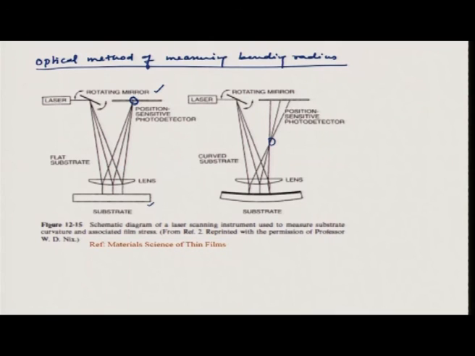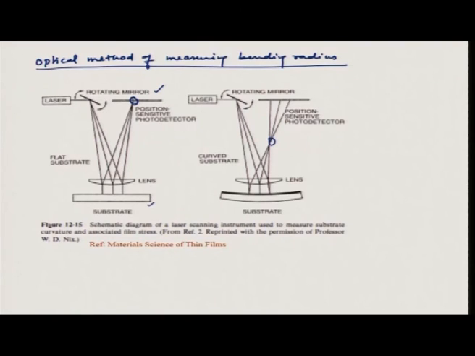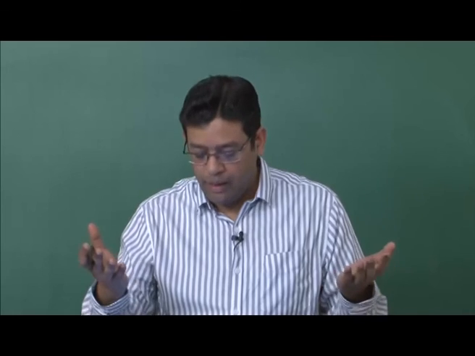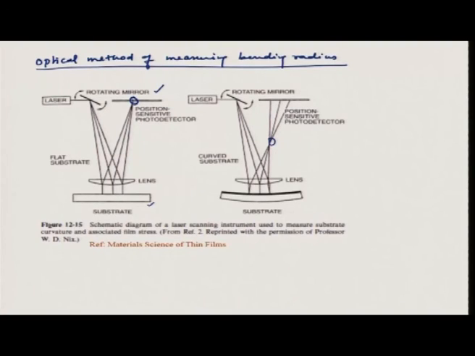Now, you take the substrate and deposit your thin film by PVD, CVD or any other method, and then you repeat the measurement on the same substrate. Because of the stresses in the film, you will have a very small amount of bending. Now, we cannot see these stresses, but this laser focus will be able to pick up that small bending due to the film stresses, and you will see the change in position.